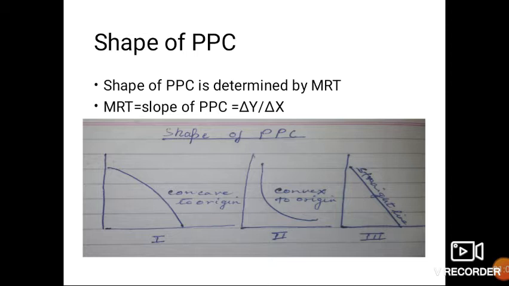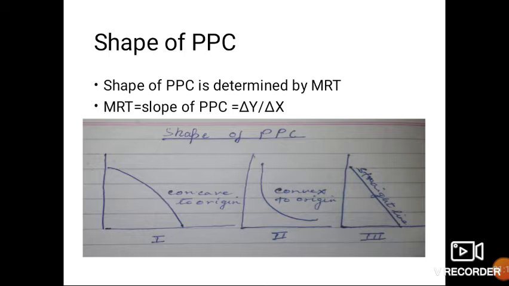Second, the convex shape: you will find neither it is touching the x-axis nor the y-axis, and it indicates that with the increase in 1 unit of x, the rate of sacrifice of y will be decreasing.